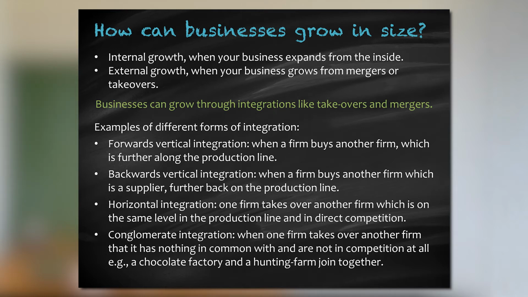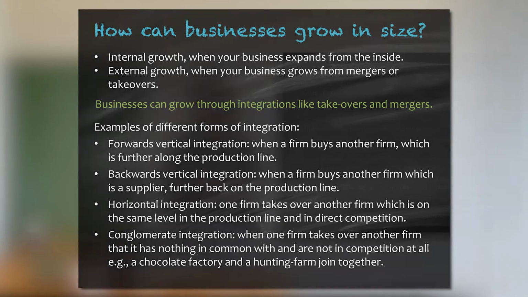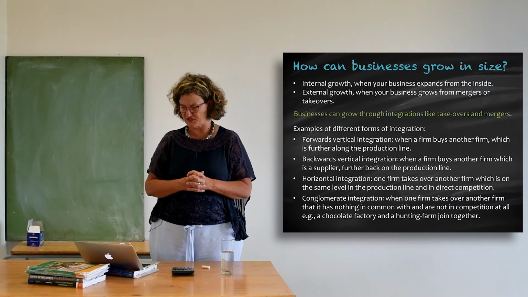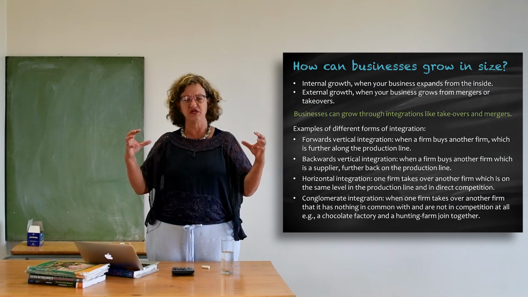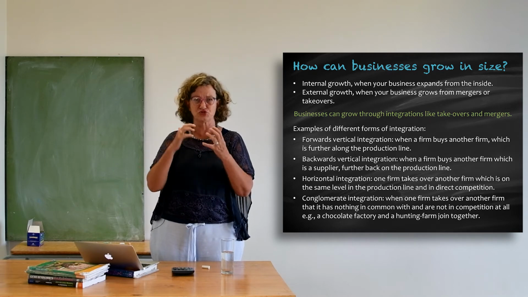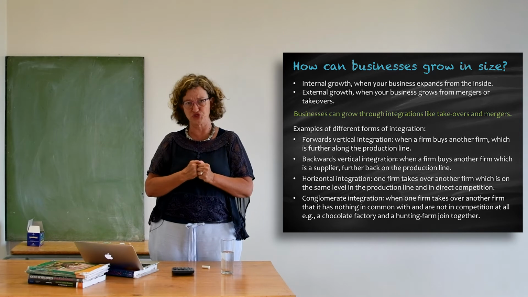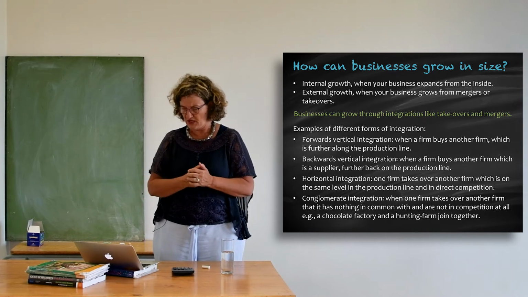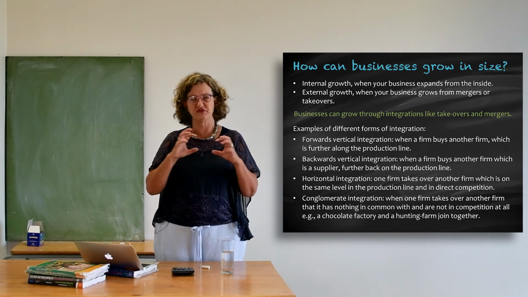And in that case, we call it backwards vertical integration. If two firms come together, but the one is your supplier that you are merging with now. Okay, then we have these firms.